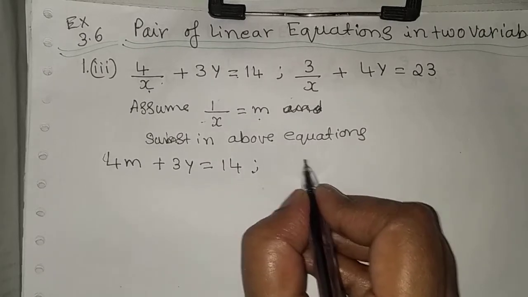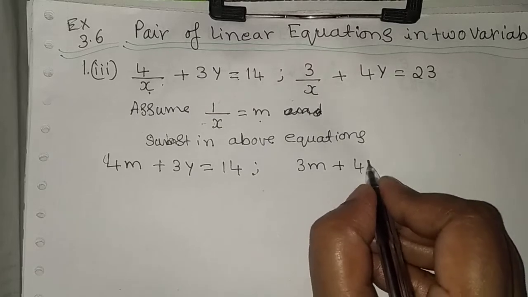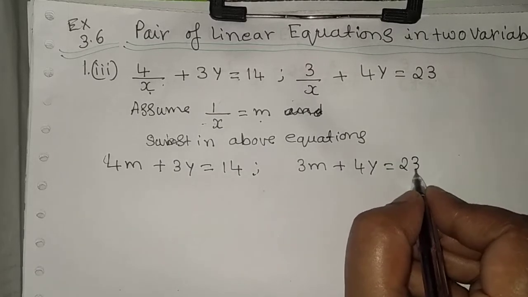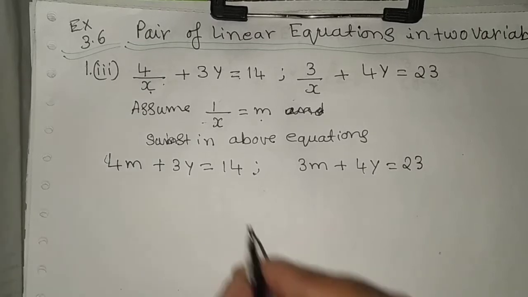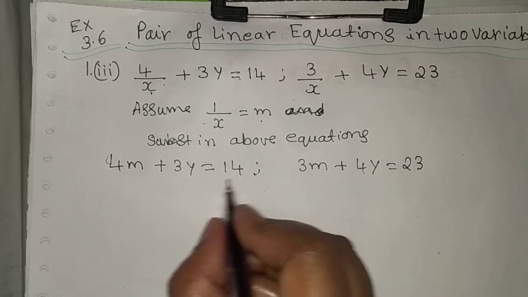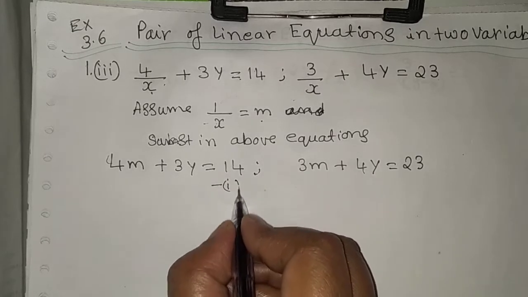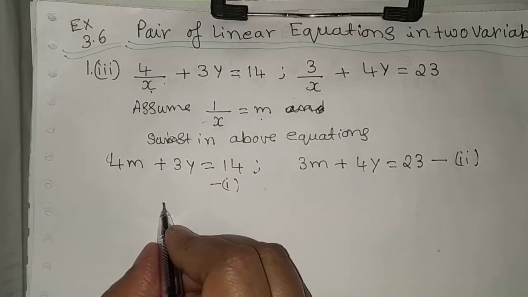The other equation is 3m plus 4y is equal to 23. So these are the two equations we are getting. Now give the equations numbers: this is equation 1 and this is equation 2.